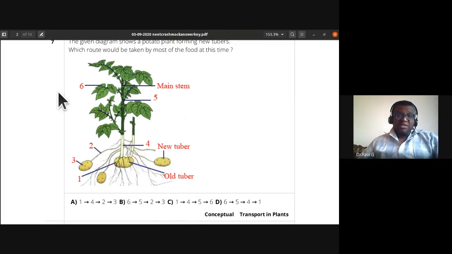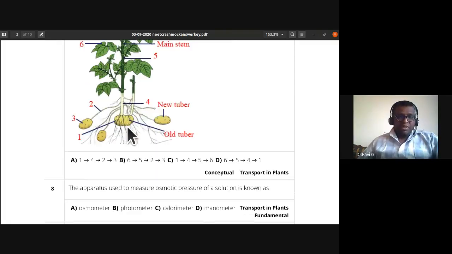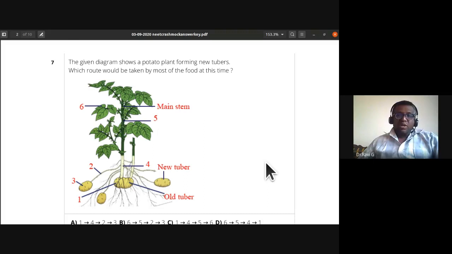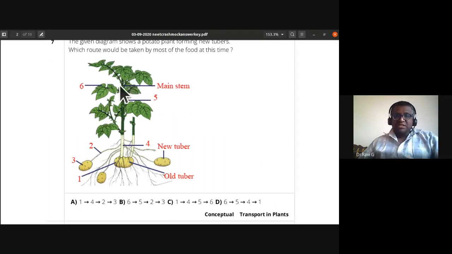It starts from six, from the leaf, six, five, two is there. One aspect is six, five, two, and three. Another aspect is six, five, four, and one. Any of these has to be the right answer. So the answer is six, five, two, three.